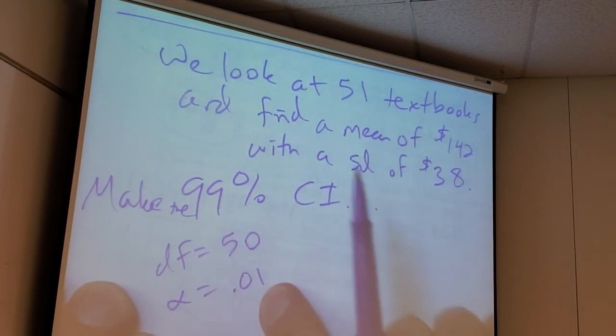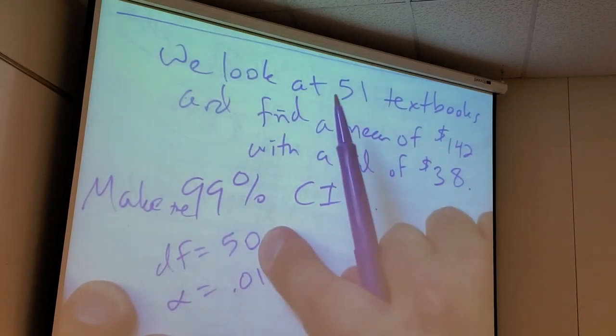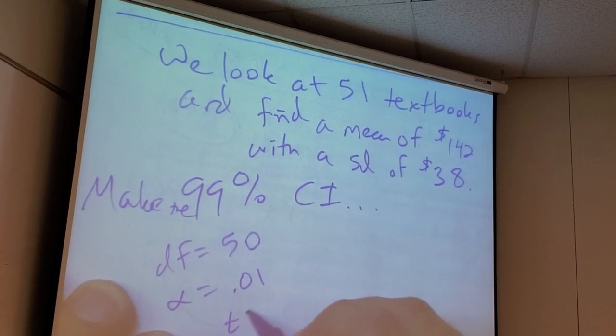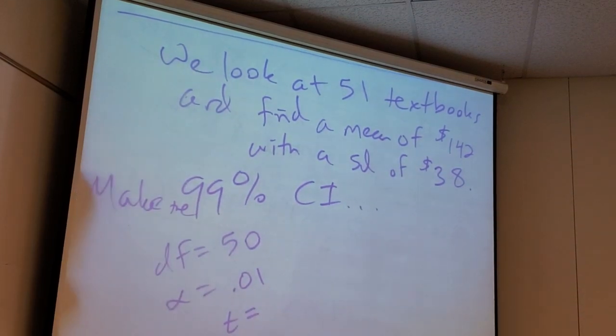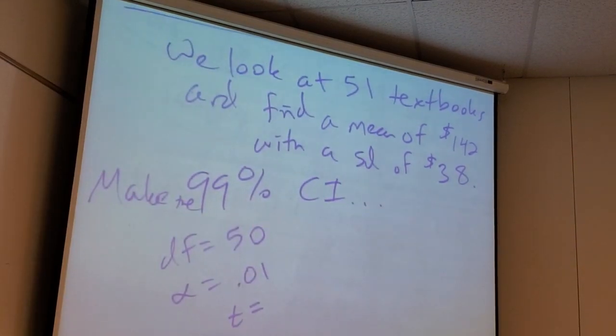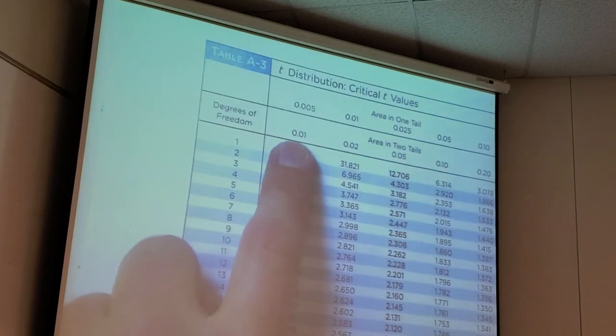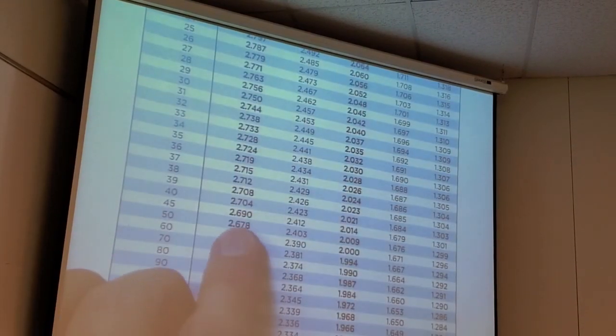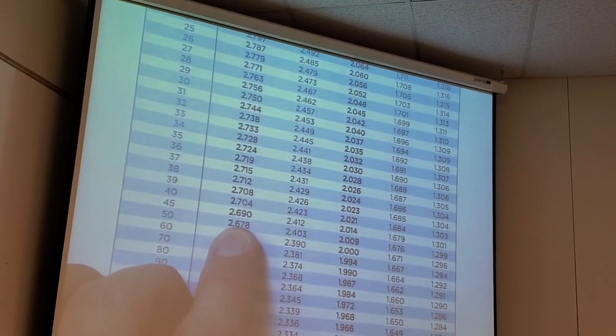So now I know which column to look at, and I know where to stop. So now you can look up your T-score if you haven't done that yet. 99% confidence, so it should be a bigger one, because I've got to go out farther than normal. So if I look at the 0.01, and I stop at 50, I get 2.678. Is that cool?